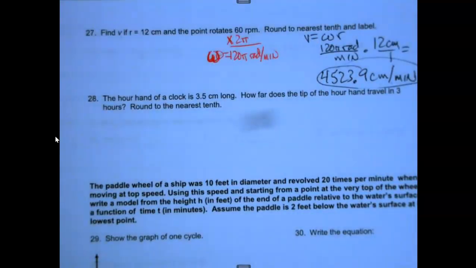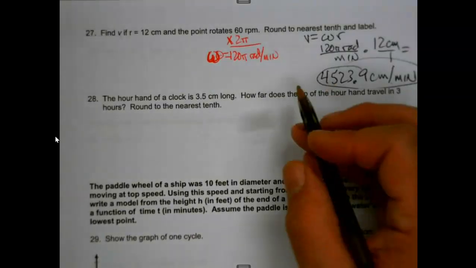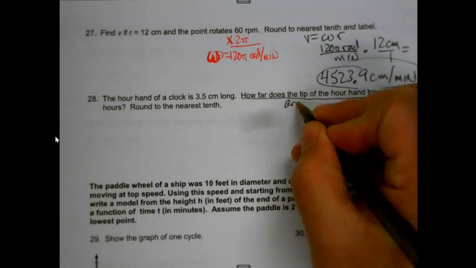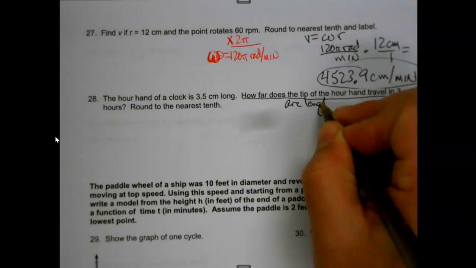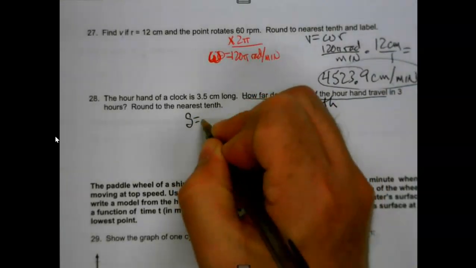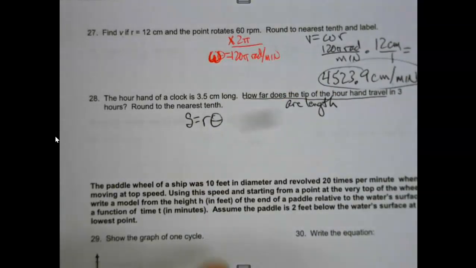The hour hand of a clock is 3.5 centimeters long. How far does the tip of the hour hand travel in 3 hours, rounding to the nearest tenth? So you're like, okay, so how far does the tip of the hour hand travel? That's arc length. So I know there's the formula I'm supposed to be using.